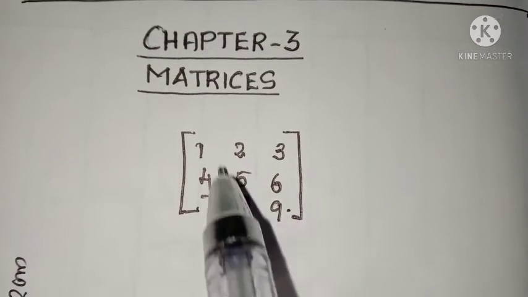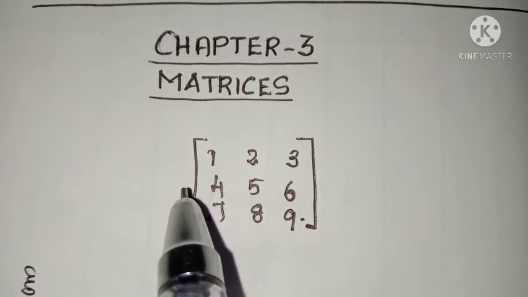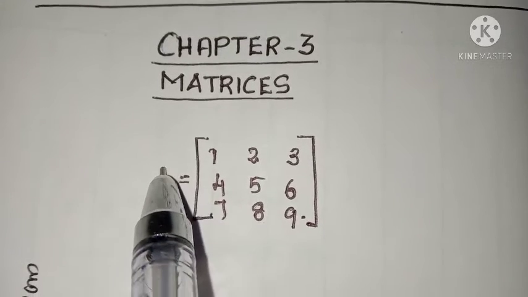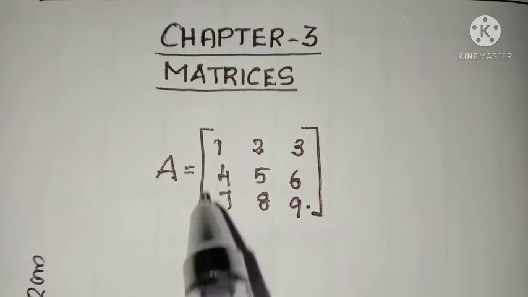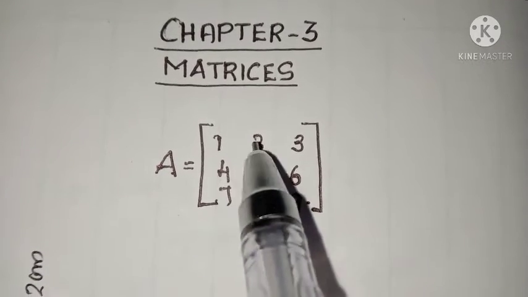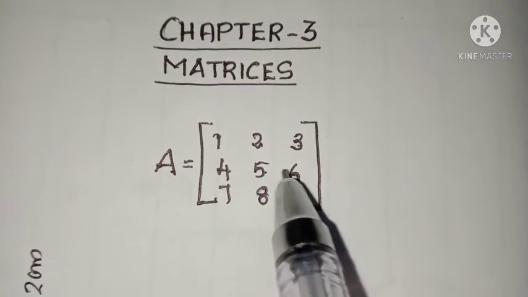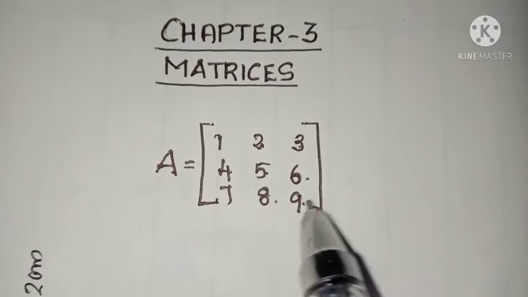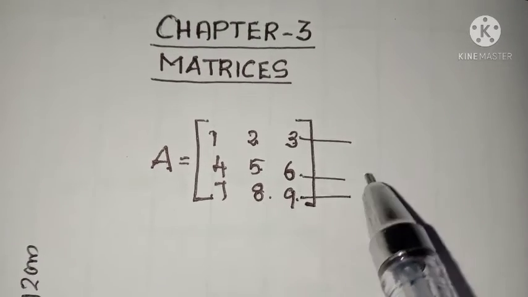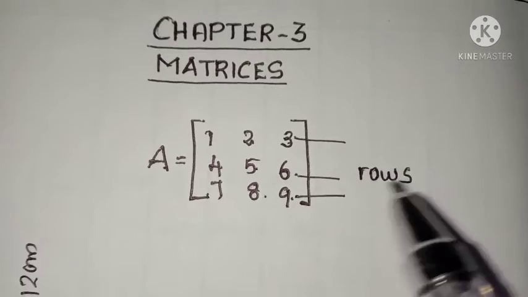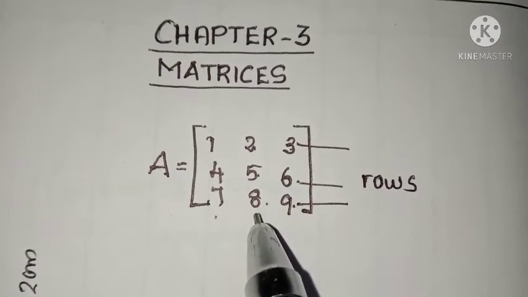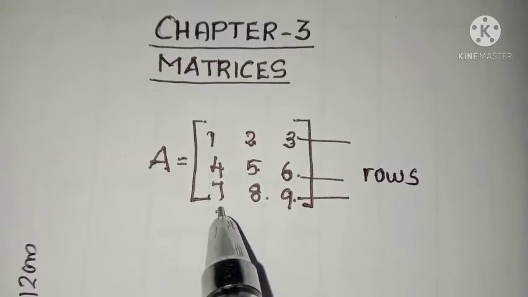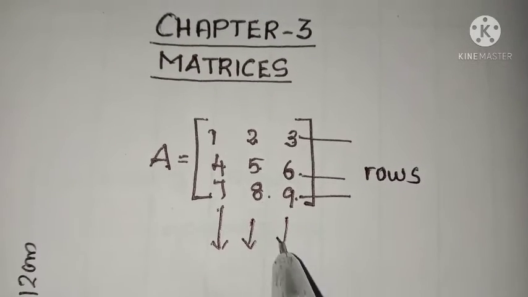Such an arrangement is known as a matrix, and a matrix is denoted by capital letters. Here in this matrix, 1, 2, 3, 4, 5, 6, 7, 8, 9 are the rows. Now 1, 4, 7, 2, 5, 8, 3, 6, 9 are known as columns.